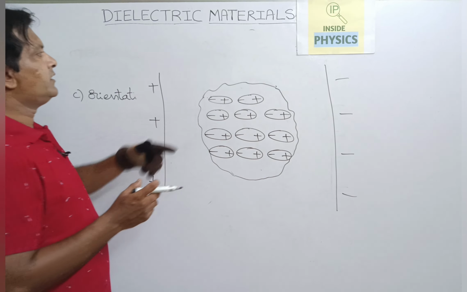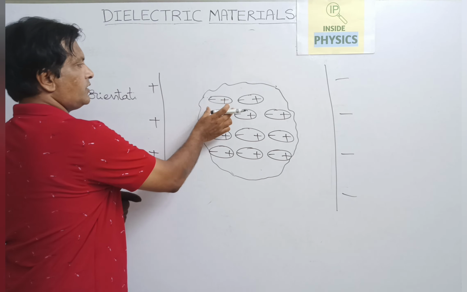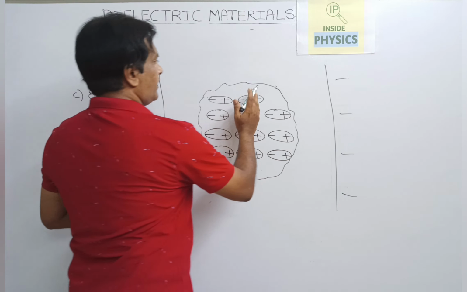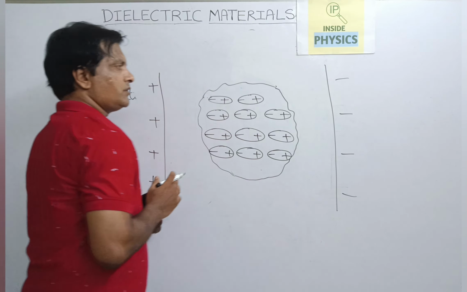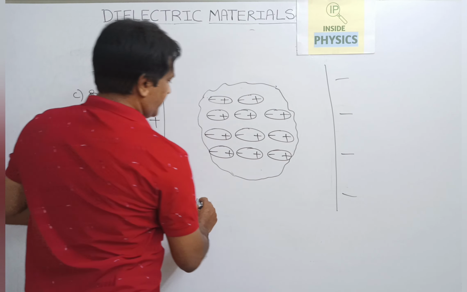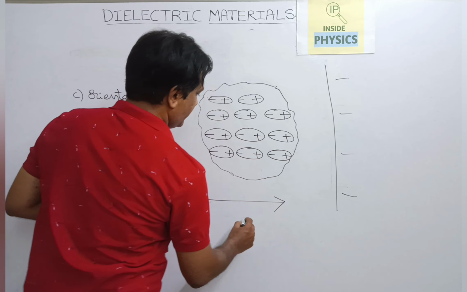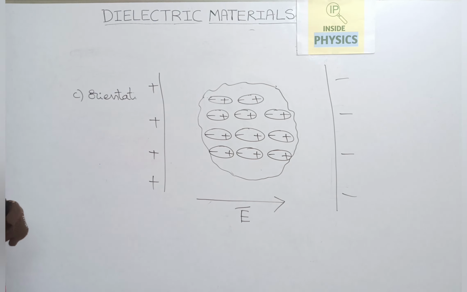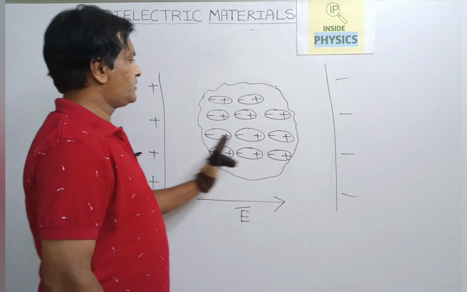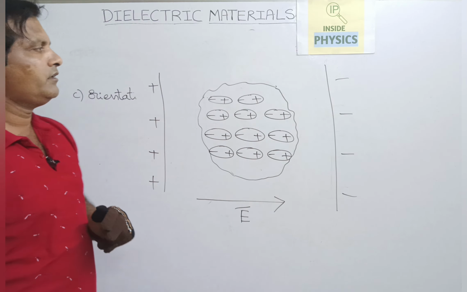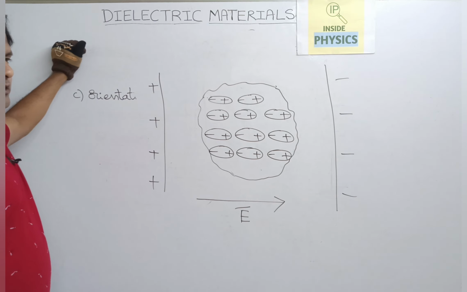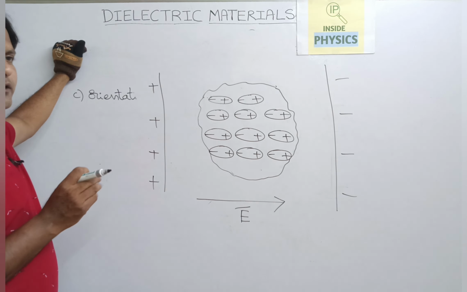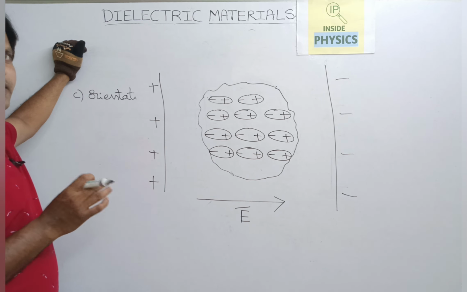Each dipole is aligned itself so that the negative charge is attracted towards the positive plate and the positive charge is attracted towards the negative plate, and the direction of the external electric field is like this. The external electric field goes from positive to negative terminal. This orientation polarization especially happens in liquids and gases.